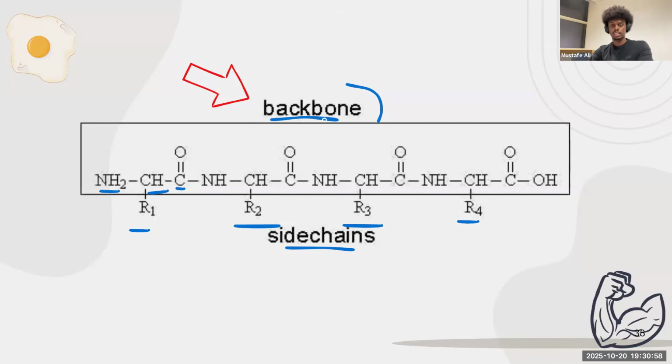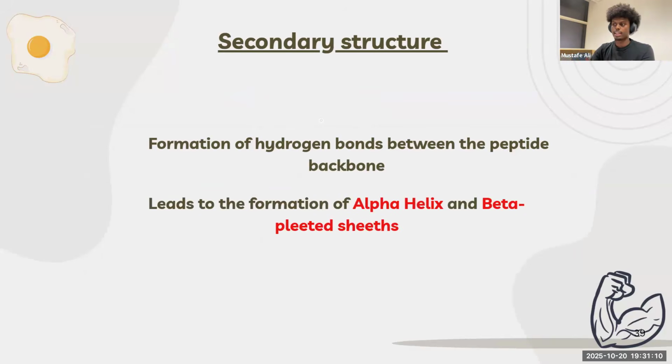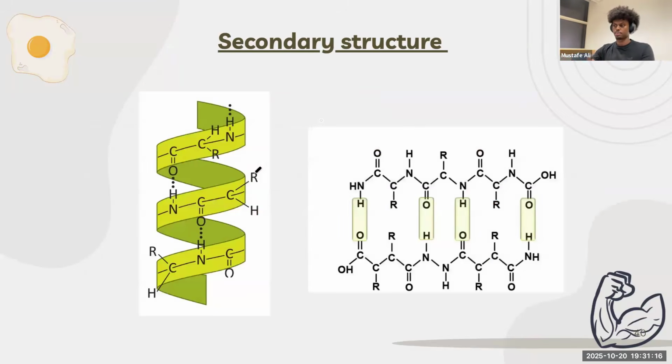Again, the secondary structure is determined by the hydrogen bonds that form in the peptide backbone, and it leads to the formation of alpha helixes and beta-pleated sheets. These are the two secondary structures: here is the alpha helix, and here are the beta-pleated sheets.